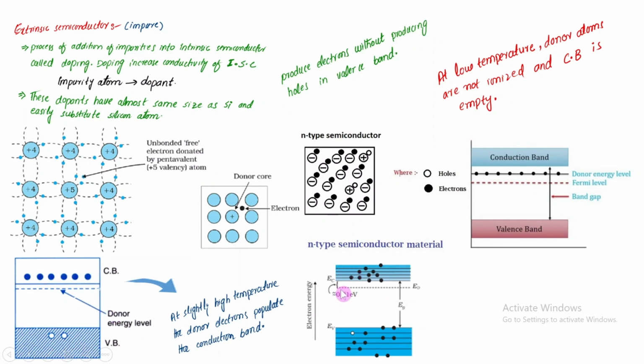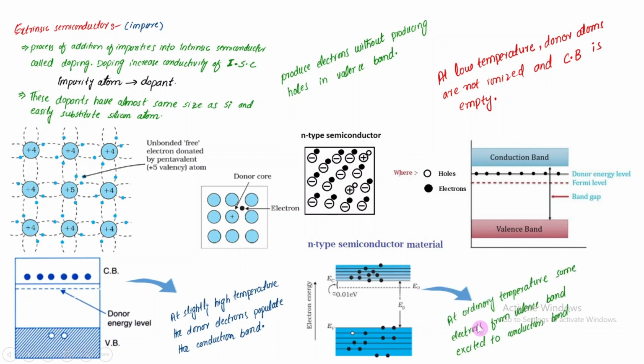Because the band gap between this separate energy state and the conduction band is very small compared to the band gap between the valence band and the conduction band. So by increasing the external energy a little bit, all electrons will be available for conduction in the conduction band.